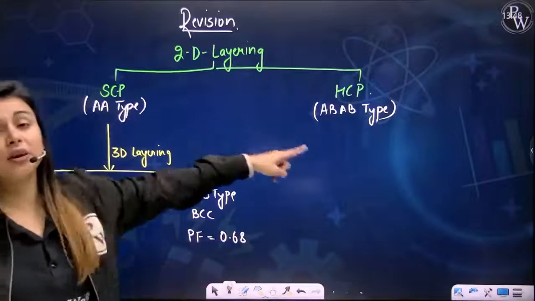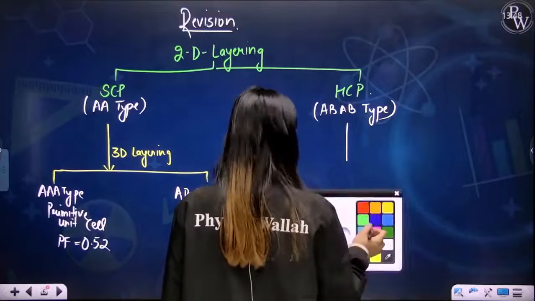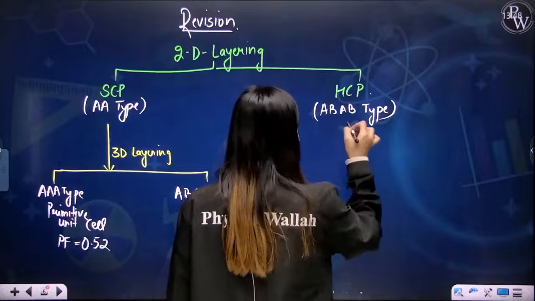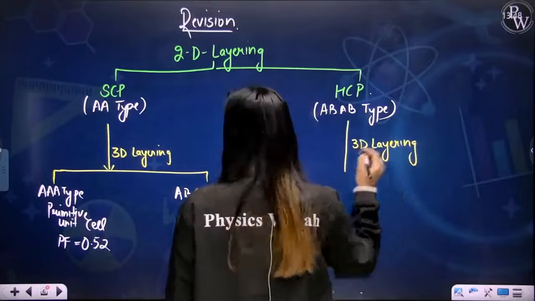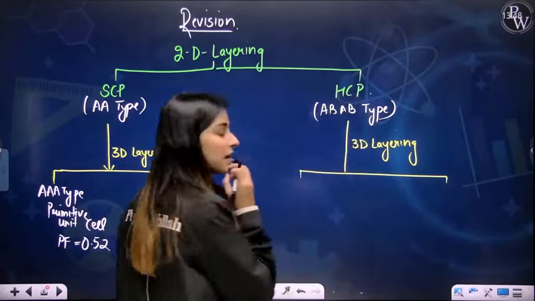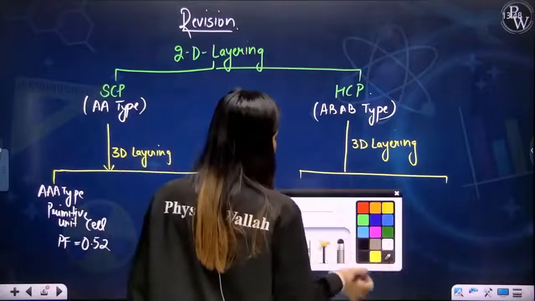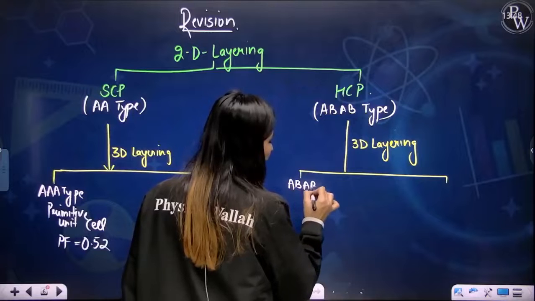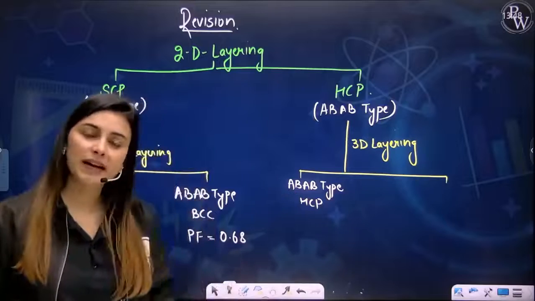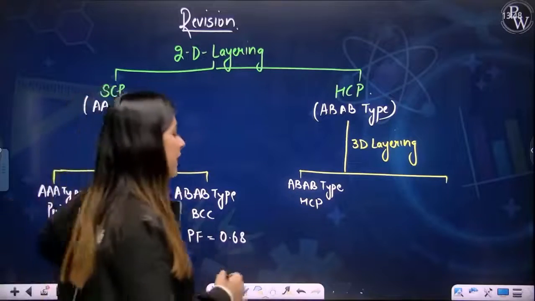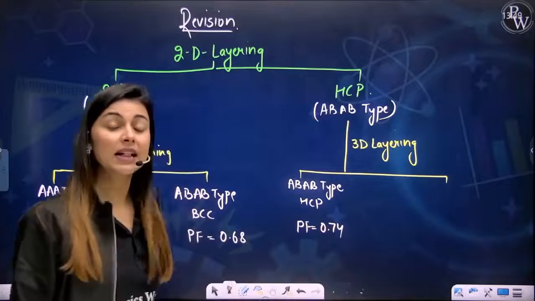Right? Yes. Now let's try to take this to the three-dimensional layering. If this went to the three-dimensional layering, my dear students, what will happen? It can have two possibilities again. Either it could be ABAB type of layering, then it would be HCP, hexagonal close packing in the three-dimensional layering, and the packing fraction would be 0.74, and the rank would be equal to 6.